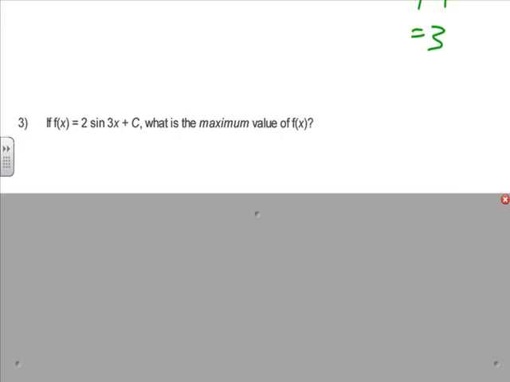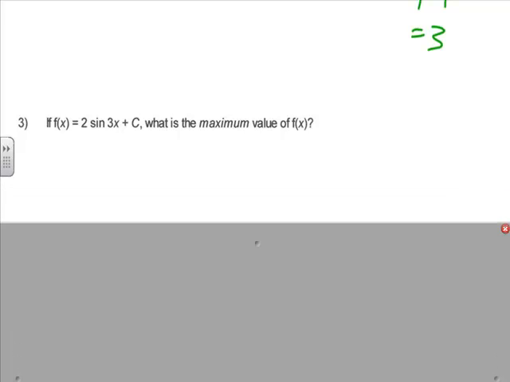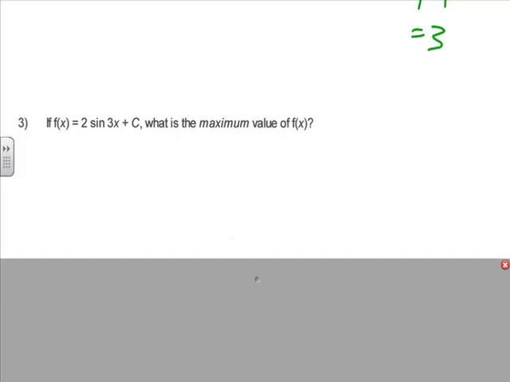If f of x equals 2 sine 3x plus c, what is the maximum value of f of x? This is continuing on the same theme, and that is recognizing that this thing right here is my amplitude. So that's how far up and down this thing's going to go. And this plus c, now oftentimes in the format we've written it as plus d, but you could put any variable you want, is the thing that's going to move this up or down.